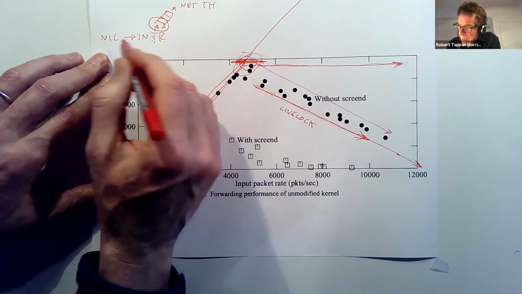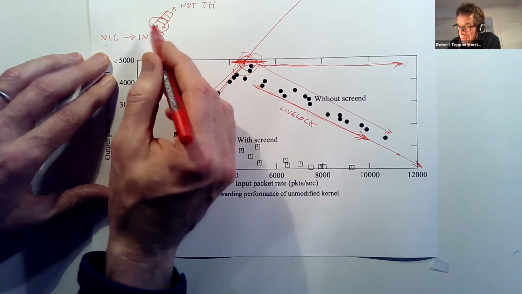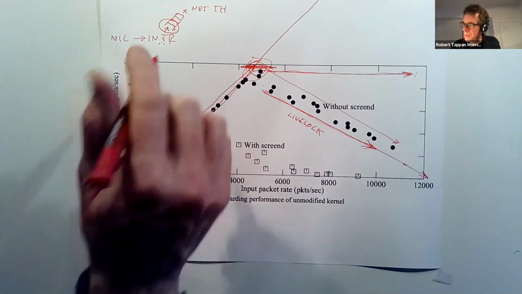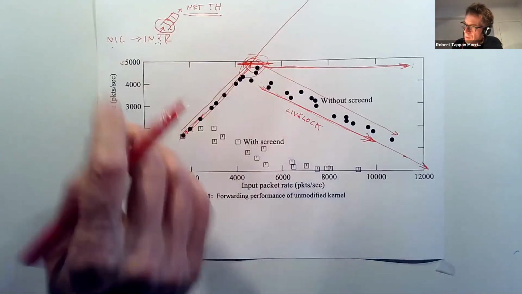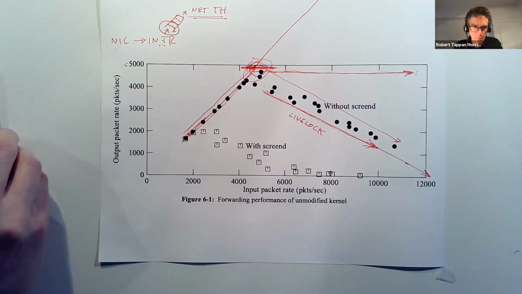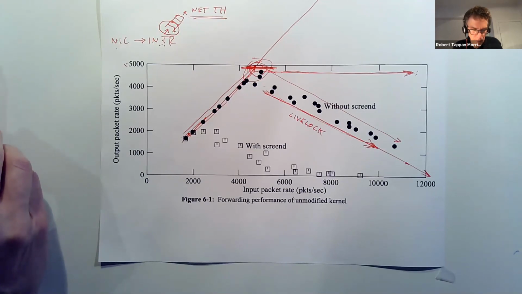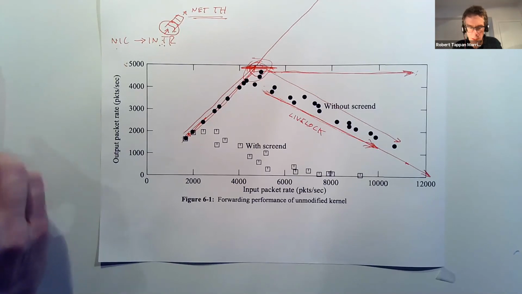But then, of course, immediately after that, there'll be another interrupt. And the interrupt routine will again discard the next packet because the network thread is always interrupted and never allowed to run. Questions about this diagram? This is the most important diagram in the paper.